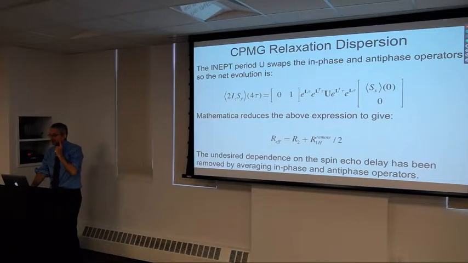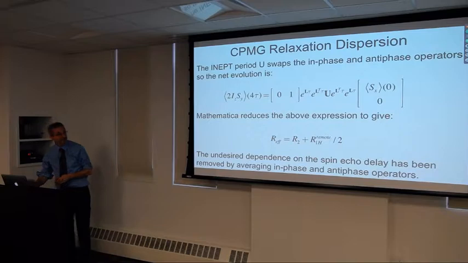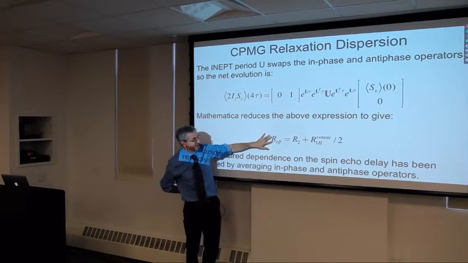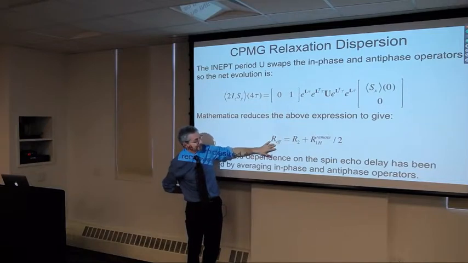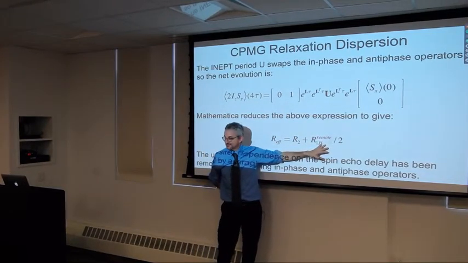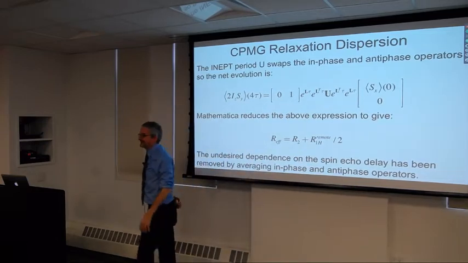and then Mathematica will tell us that at least to first order in Taylor series expansion of all the exponentials, that process just gives us an effective rate that's R2 plus 1/2 the R1. It's no longer dependent on tau.